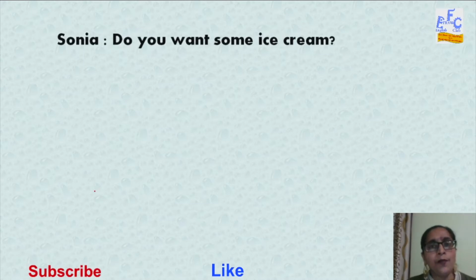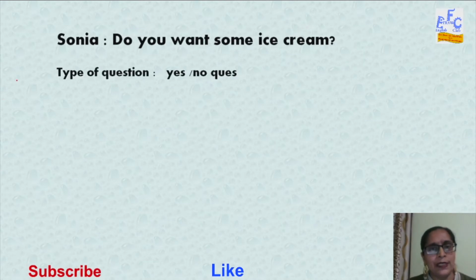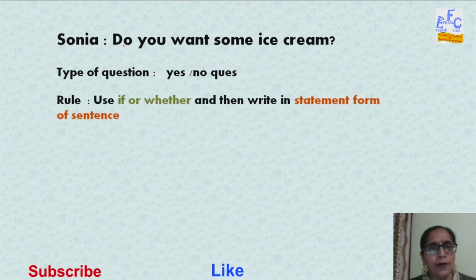Take an example of another sentence. Sonia, do you want some ice cream? First of all, let's look at what type of question it is. It is a yes and no question because it starts with a verb, do, and we can give the answer in either yes or no. The rule says use if or whether and then write in the statement form.